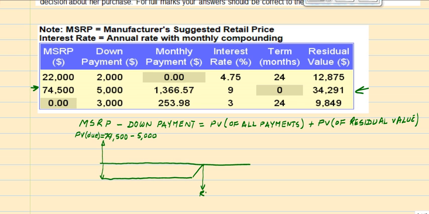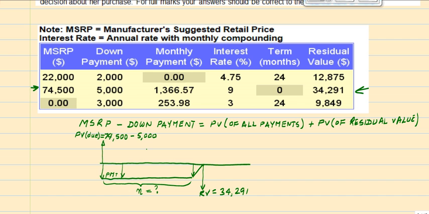So the residual value in here is 34,291, and each individual payment, where n is unknown, is at the beginning of every payment interval, and the last payment is right in here.